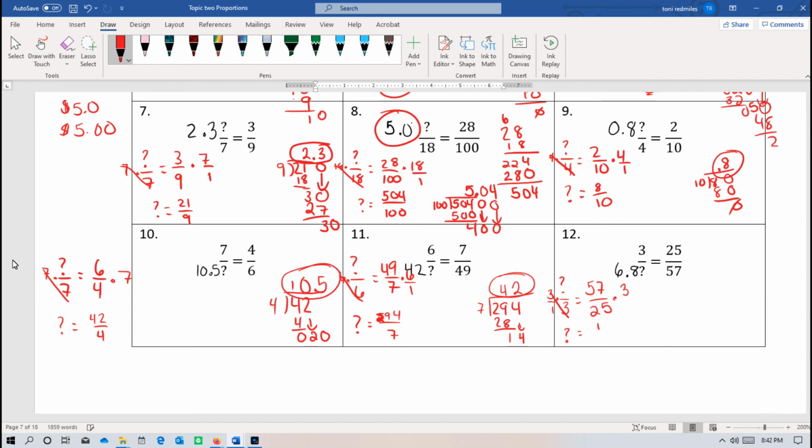So that is going to be 171 over 25. All right, I know that I can go at least 6, because it's just close to 175, but not quite there, okay?